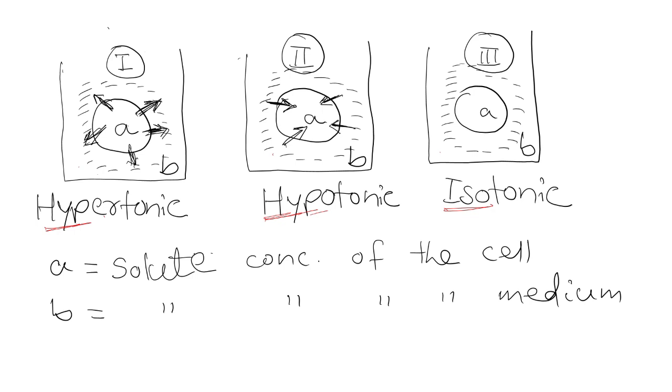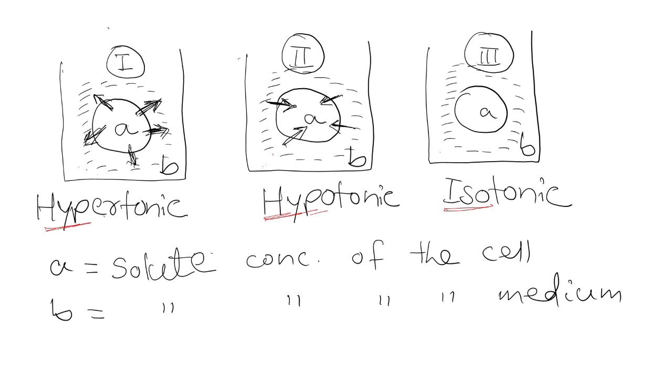And we have placed a cell inside the medium. Here one cell, here one cell, here one cell. So here the cell is placed inside a hypertonic medium, here the cell is placed inside a hypotonic medium, and here the cell is placed inside an isotonic medium.